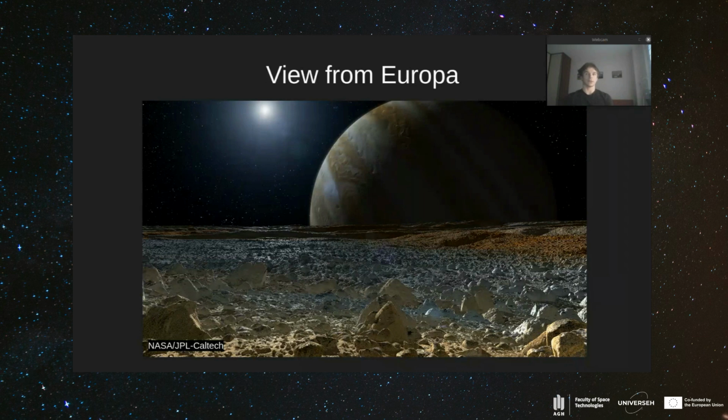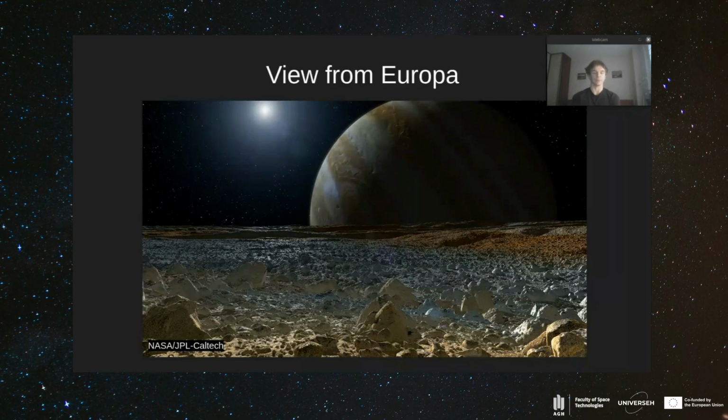Callisto will be, for example, half as large as the moon that we see from Earth. Both Io and Ganymede at their closest to Europa, so the highest angular size that we could measure from Europa, would be around 50% larger than the Moon.